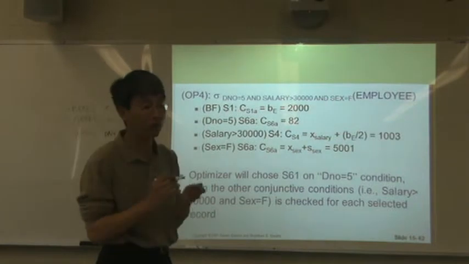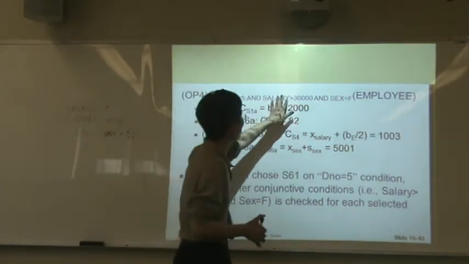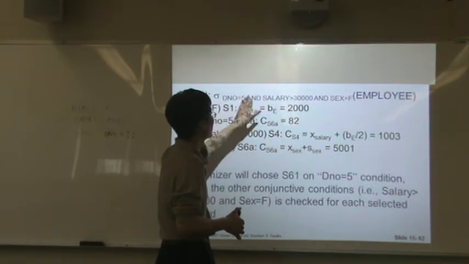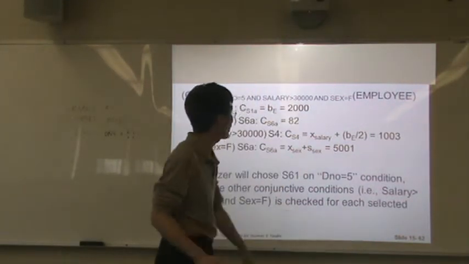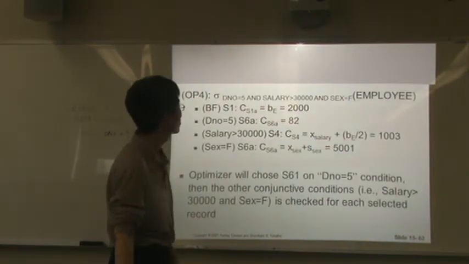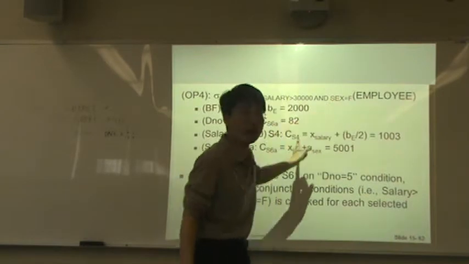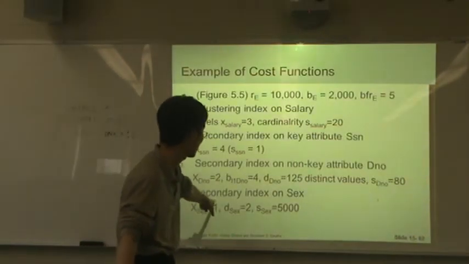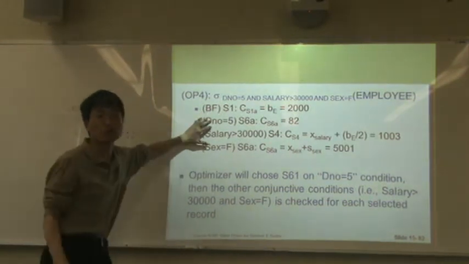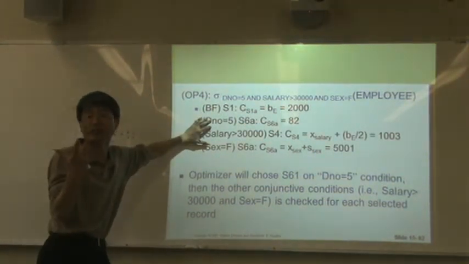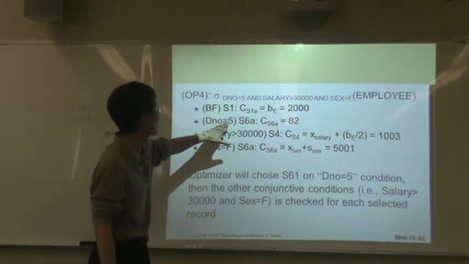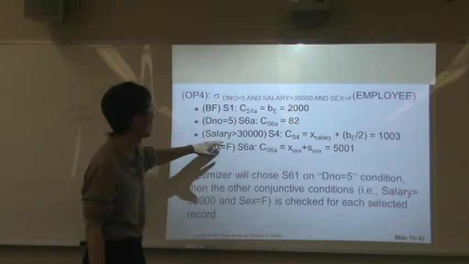And this is conjunctive. Conjunctive means it's a combination of different operations. So DNO equal to 5 has the index. What about the salary? Do we have an index for salary? Yes, we have a salary index. Also, do we have an index for sex? Yes, we have an index for sex. So we can consider 3 different cases plus 1. One is brute force. Brute force is always the case, right? So it's 2,000, and DNO equal to 5 we already did before. What about the salary?